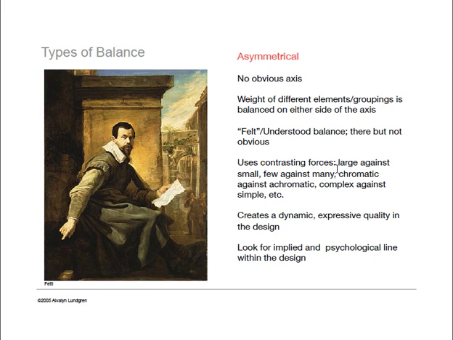And with asymmetry, you can have a very dynamic, energized piece, very active. Asymmetry is not static. Asymmetry allows for a lot of variation and a lot of expression within the design.